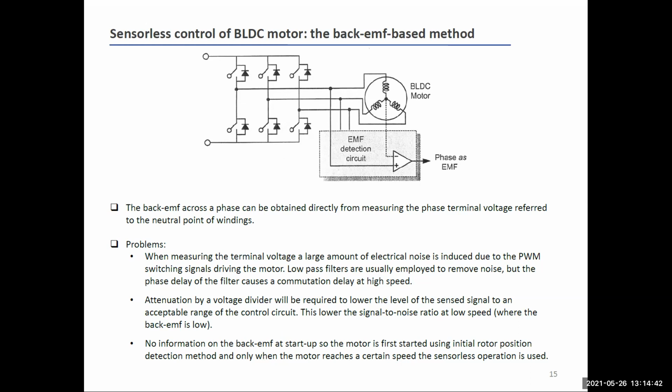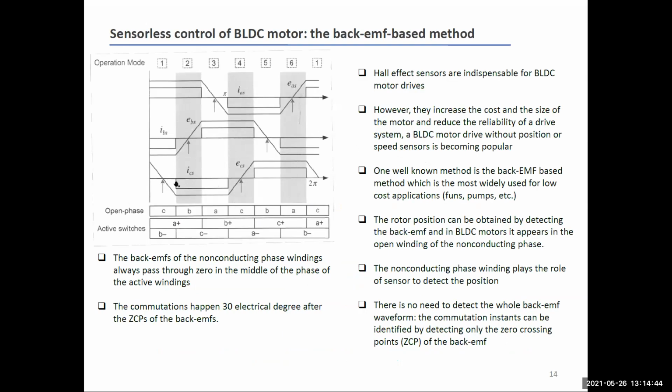If you are measuring this voltage here, for example, in operating mode number 1, but due to the low pass filter you need for avoiding the pulse width modulation switching frequency this point is delayed by the filter, then you commit an error in the switching action.